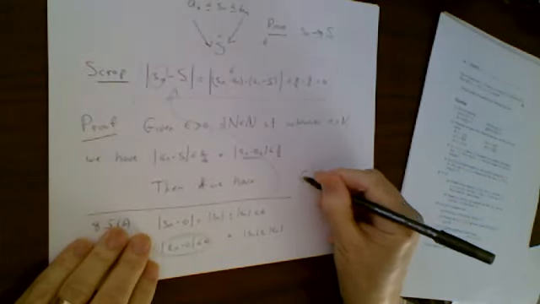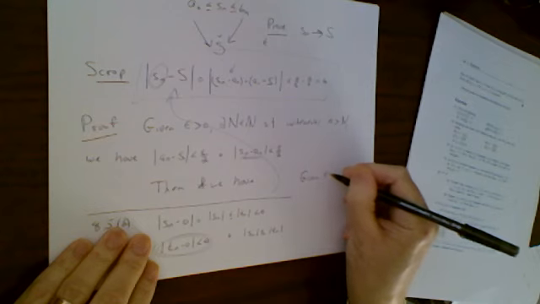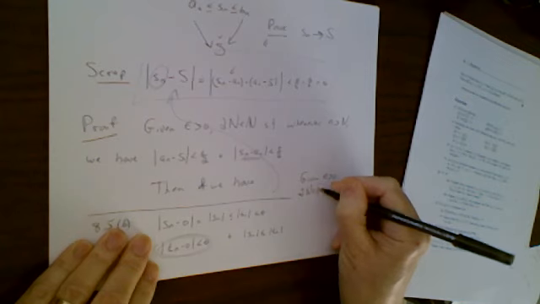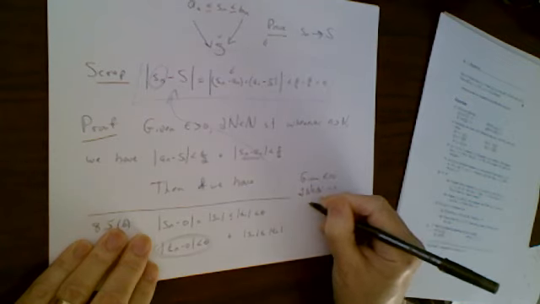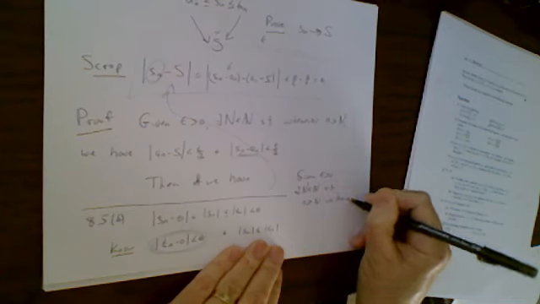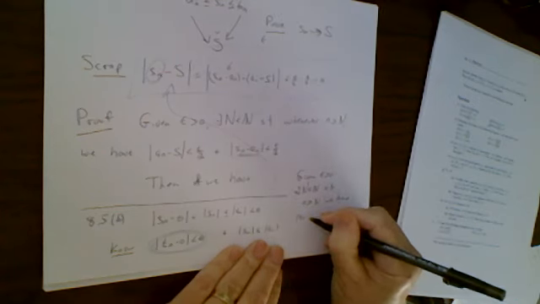So again, you can certainly contact me if you want more details, but given epsilon greater than 0, there exists a capital N in the integers such that if you're past the nth term of the sequence, we have the absolute value of the T sub n's are less than epsilon. And then the rest follows. That takes care of 8.5.